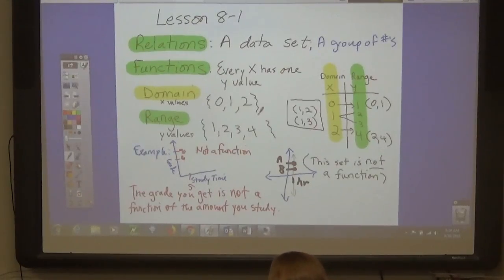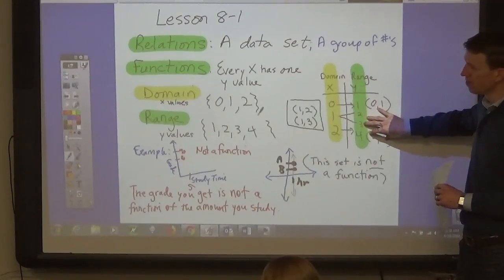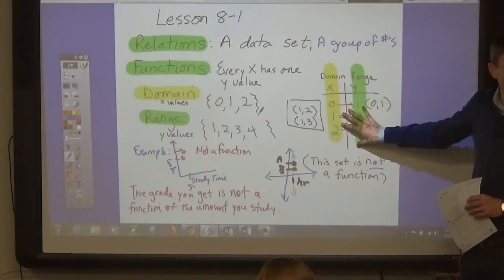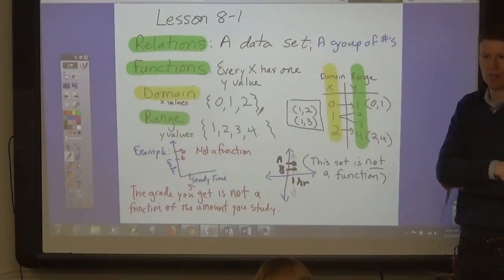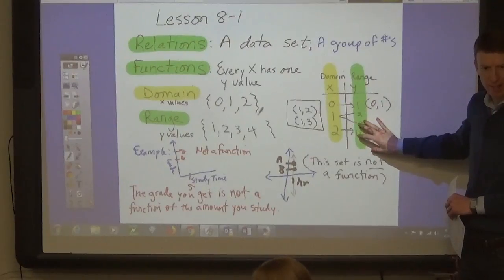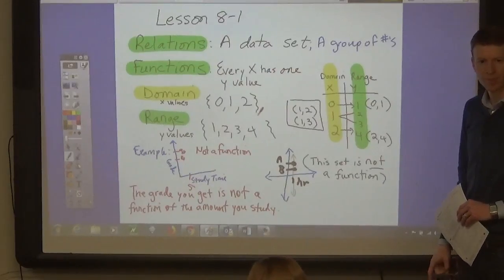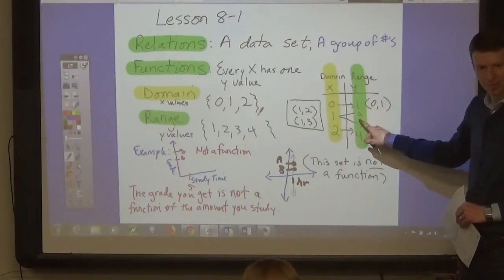Okay, then, how do you tell if it's a function, Evelyn? Function? Yeah, if this set of numbers is a function. Every x has one y value. Right, so let's look at this particular set now. Does every x only have one y value? Is this a function? Bethany? No. No, it's not a function. Then how do you know? Because the one on the x-axis has 2 and 3 on the y.